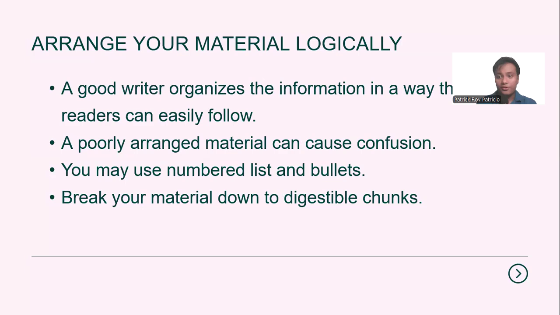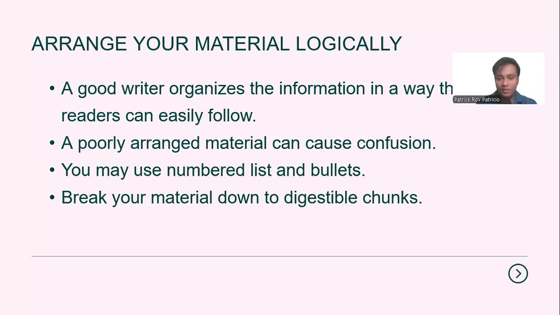Next is to arrange your material logically. Here we can apply the outlining which we mentioned on the very first principle, which is to think before writing. Organizing your information in a way that the readers can easily follow is the ideal thing to do.